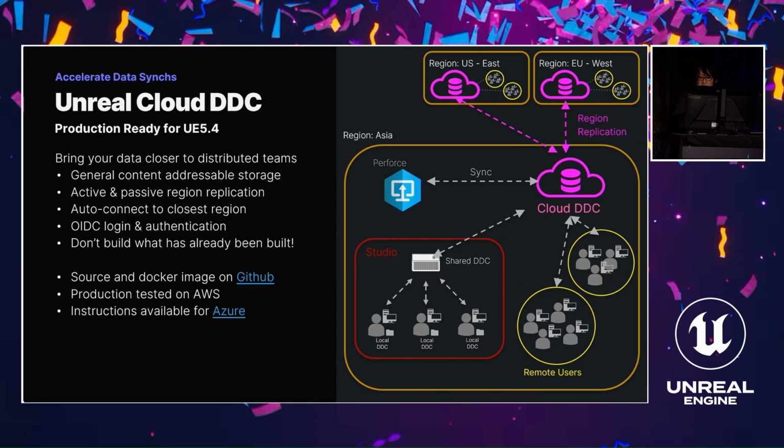Efficiently building and syncing DDC smooths remote work. In UE 5.3, it was in experimental status, but in 5.4, it became production ready. Source code and the Docker images are available on GitHub. We've just tested on AWS, but the system is also available on Azure.